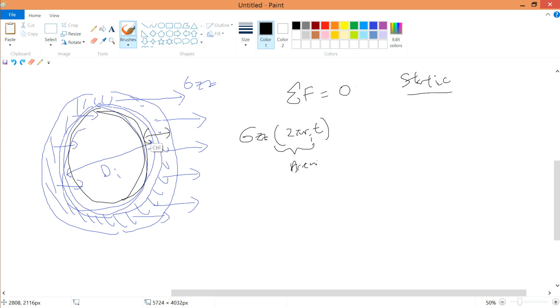This is just the area, not the diameter I'm talking about. This is something we said earlier, and this is your longitudinal stress.